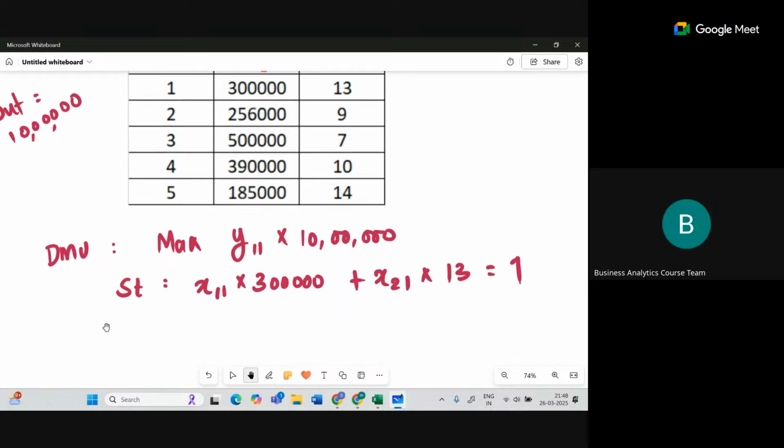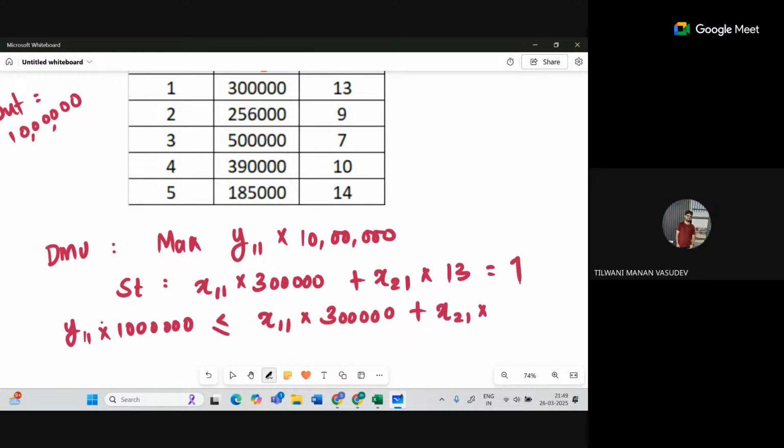So what are the other things that come? Now you have to look for the efficiency of DMU1, and then you also compare it to other DMUs. How will you do that? The output is less than or equal to X11 into 3 lakhs plus X21 into 13.